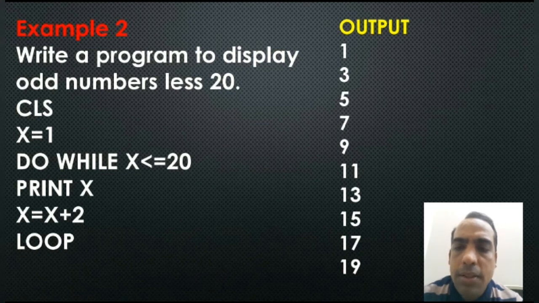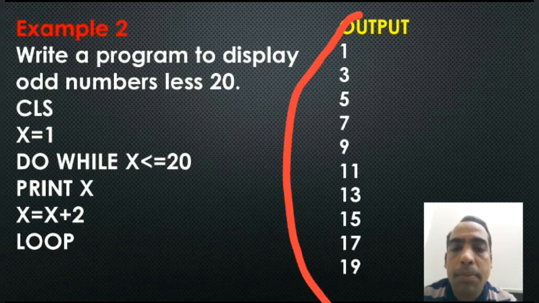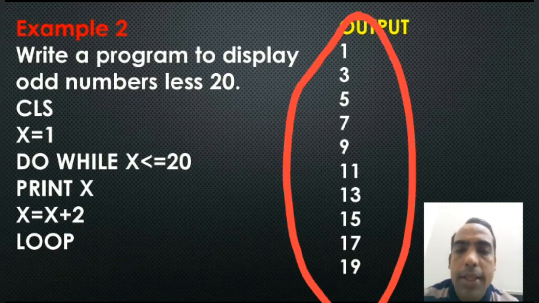Print x, then x equals to x plus 2. After that we have to write loop statement. Now you can see the output of this program: 1, 3, 5, 7, 9, 11, 13, 15, 17, 19. All are the odd numbers less than 20.